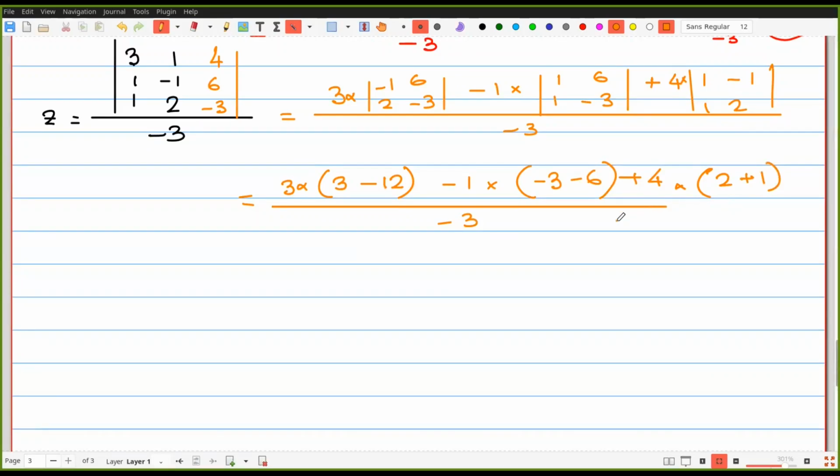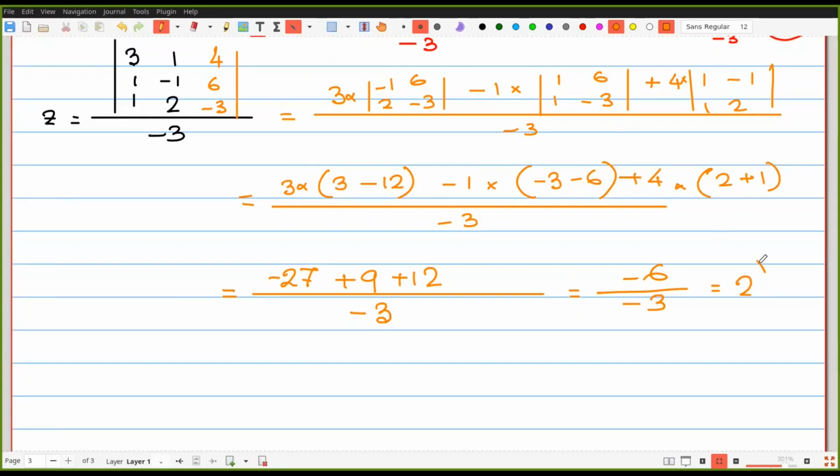Okay, so what is the value? 3 minus 12, that means minus 27. Minus of minus 9, that means plus 9. And that one plus 12 upon 6. So that means minus 6 minus 3. So that one is the 2.